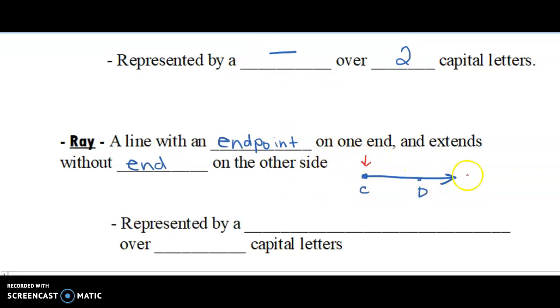D is not an endpoint because it keeps going. Rays are represented by a single-sided arrow over 2 capital letters. So if I wanted to name this ray, I would name it CD with my arrow. When I name these, the first letter is always the endpoint, and the arrow is always pointing right. So we could not write this as DC.